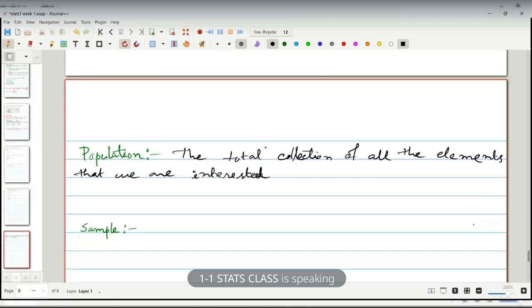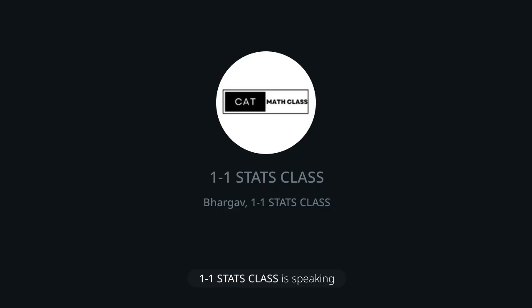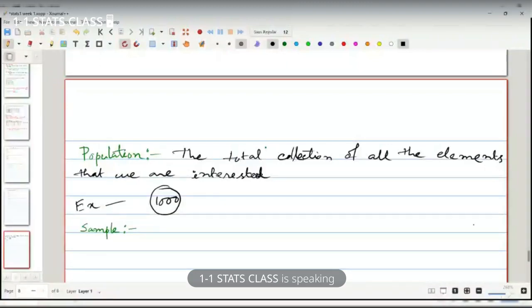What is population? Population is the total collection of all the elements that we are interested in. Let's take an example. If we take a population like 1,000 students of different states of India, this is our population. And what is sample? Sample is a subset of population.